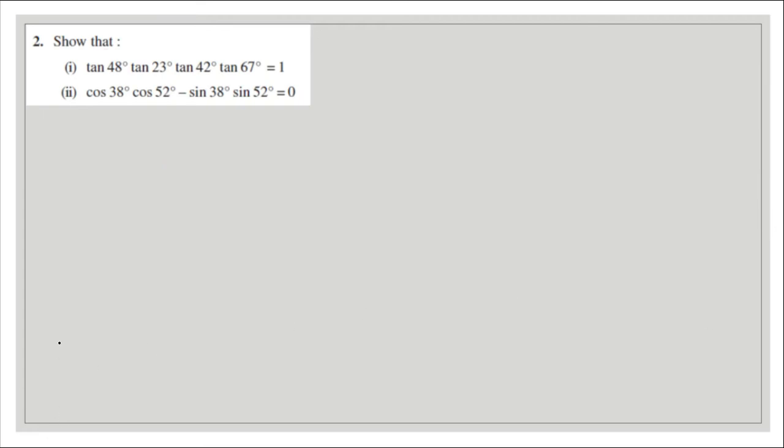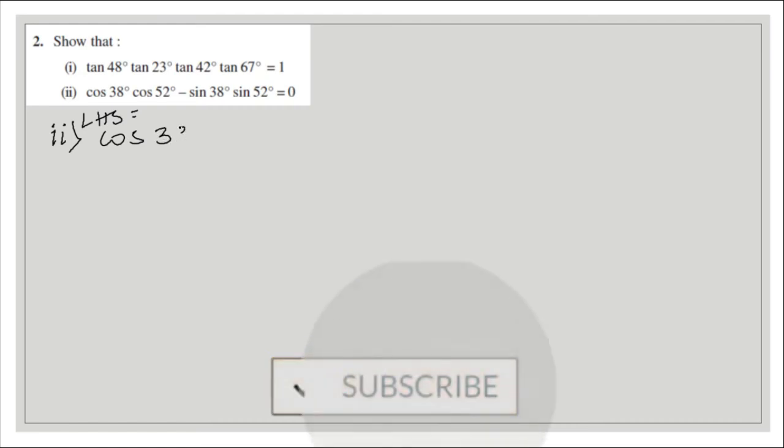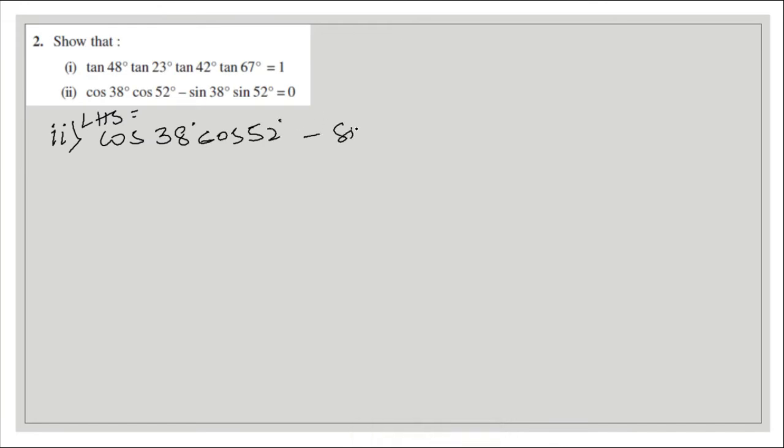Let us now take up the second sub question. I'll write this as left hand side. Left hand side is cos 38 degree into cos 52 degree minus sin 38 degree into sin 52 degree. Now I will write this part as it is, but this sine I am going to convert in terms of cos.